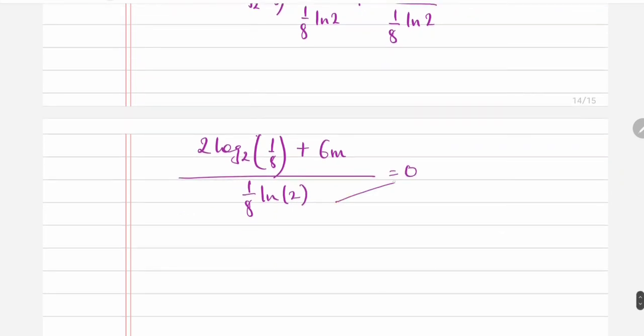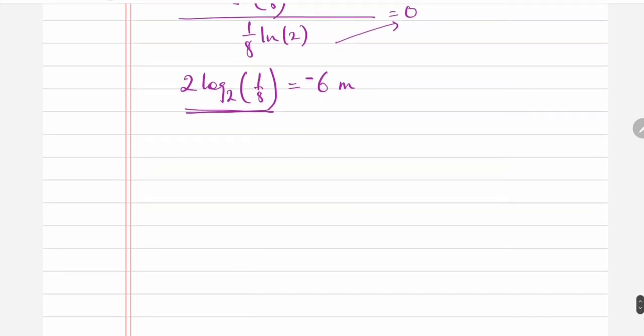So I can have 2 log base 2 of 1/8 plus 6m over 1/8 ln 2 equals 0. This when multiplied gives us 0, so I'm left with 2 log 2 of 1/8 equals minus 6m. Let's simplify this separately.